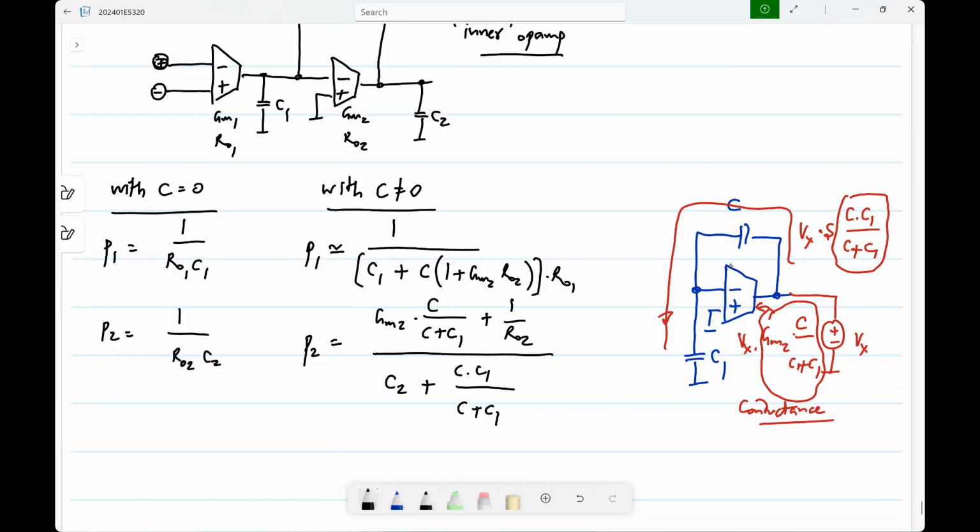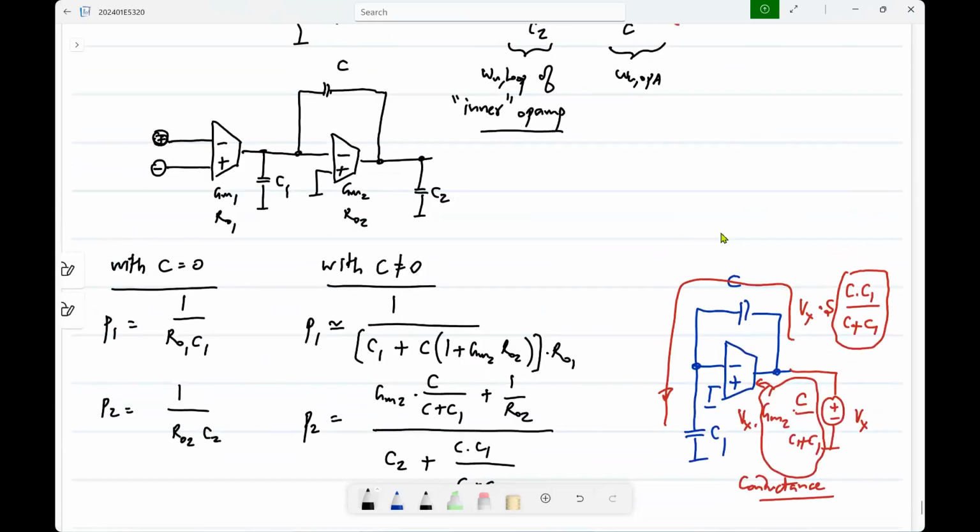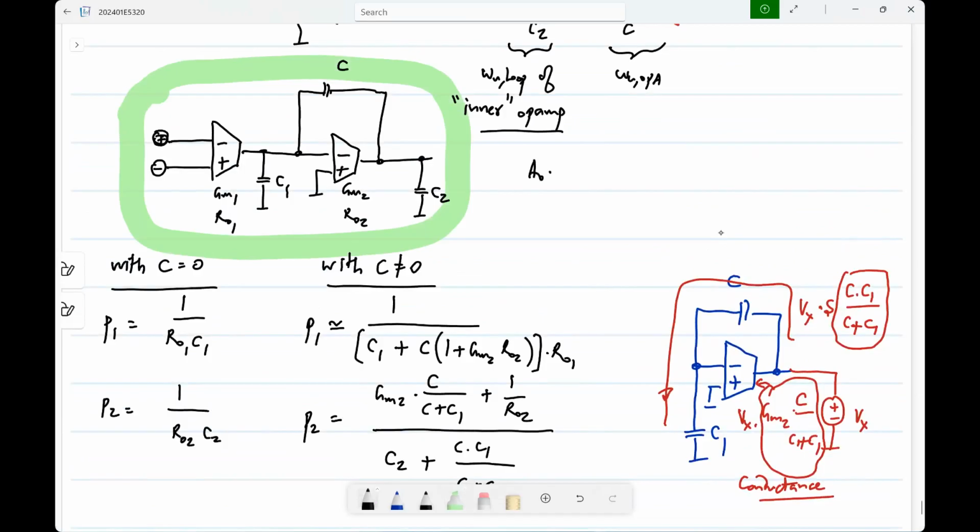right? So if you write out the transfer function for this, you will get some function of this form. Okay.